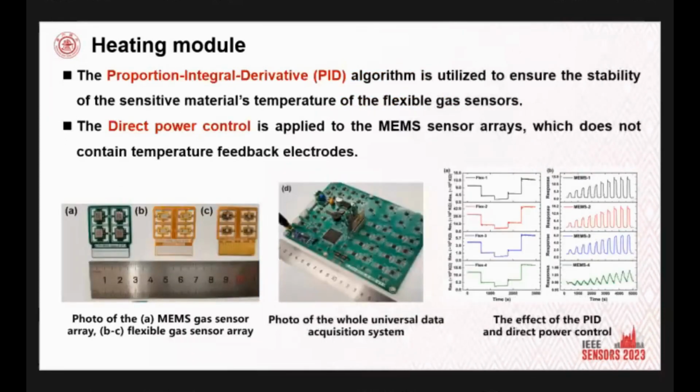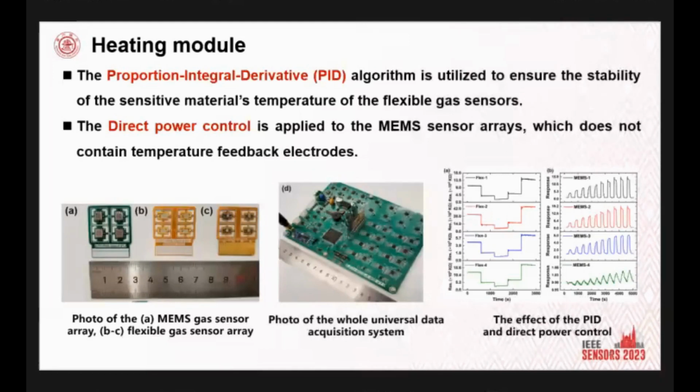The schematic diagram of the heating module is shown below. In the heating module, two modes can be selected, including the PID control and the direct power control. As for the sensitive material coated on the flexible finger electrodes, the PID algorithm ensures the stability of its temperature. The direct power control is applied to the MEMS gas sensor arrays, and the heating power can be regulated on the upper computer software.